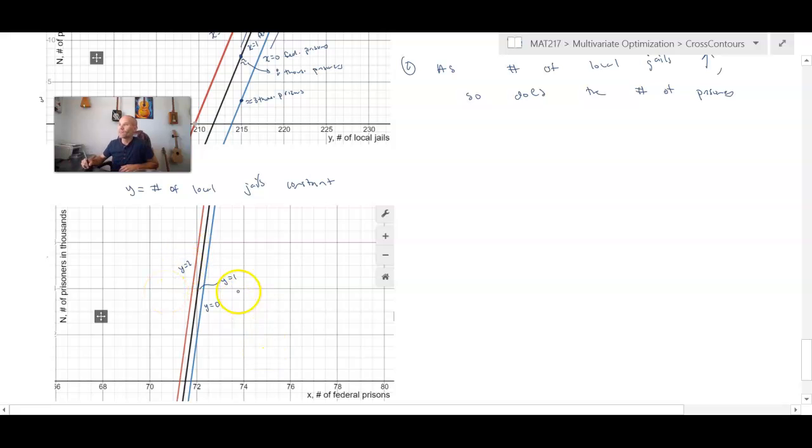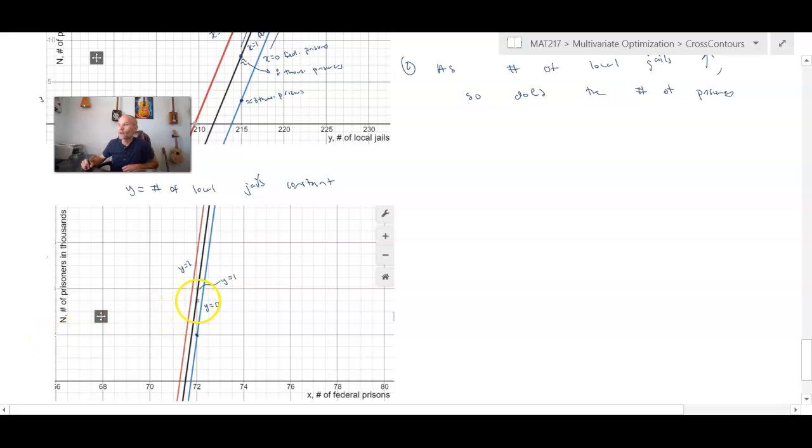So once again, the more local jails you have, the fewer federal prisons you need in order to house the same number of inmates. So like here, for example, notice that if you have 72 federal prisons but 0 local jails, you can only house 2,000 inmates.